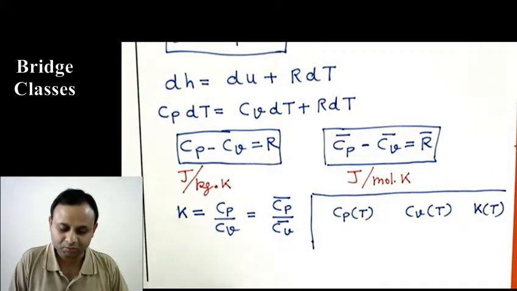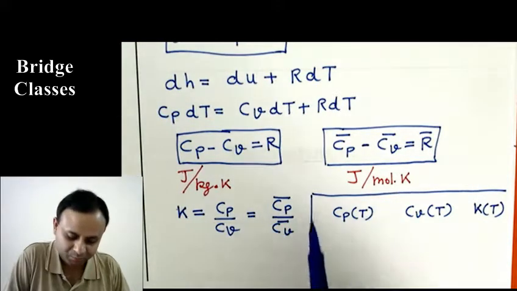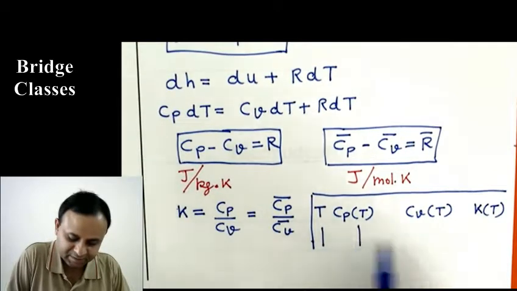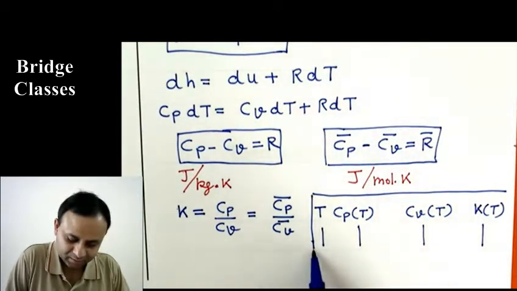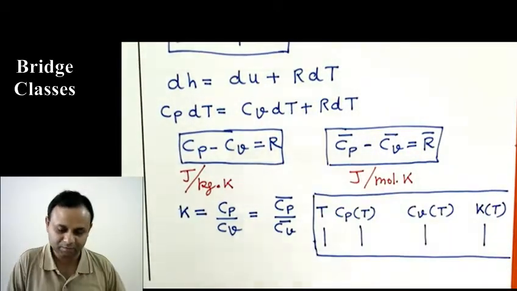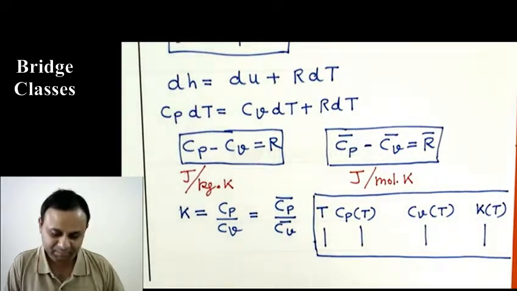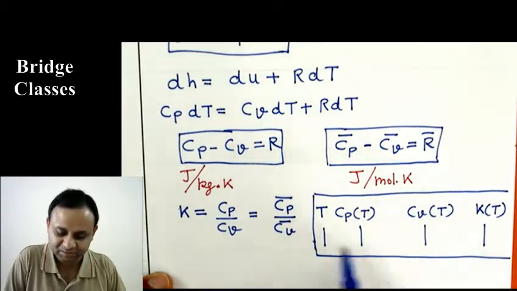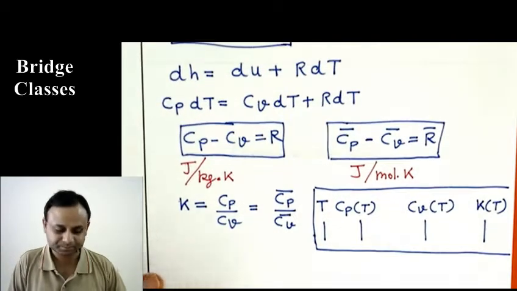So you will find these tables in the book where for different gases you'll have temperature versus Cp, Cv and K values. You can see in the appendix, with temperature the value of Cp, Cv and K, those are given.